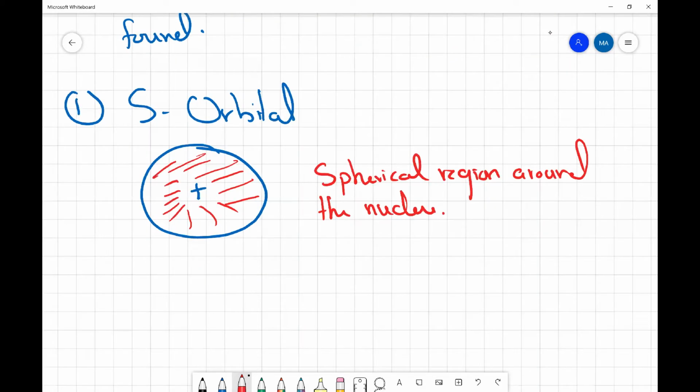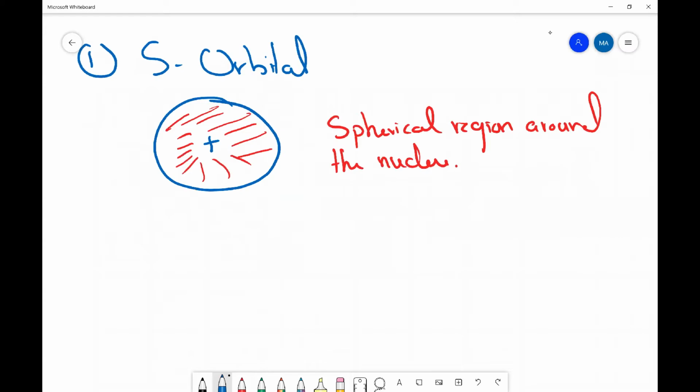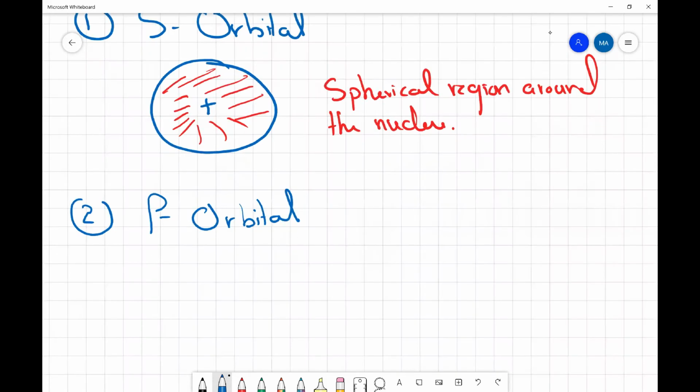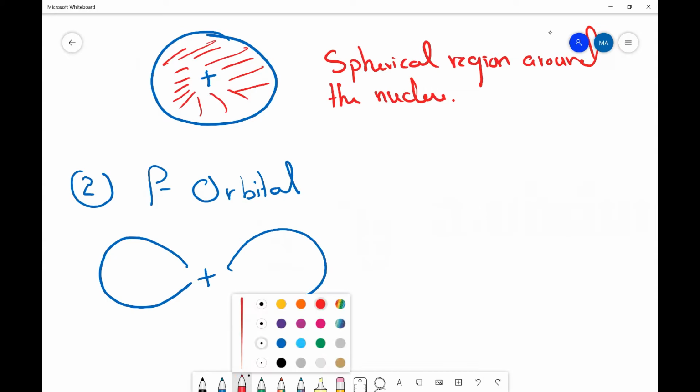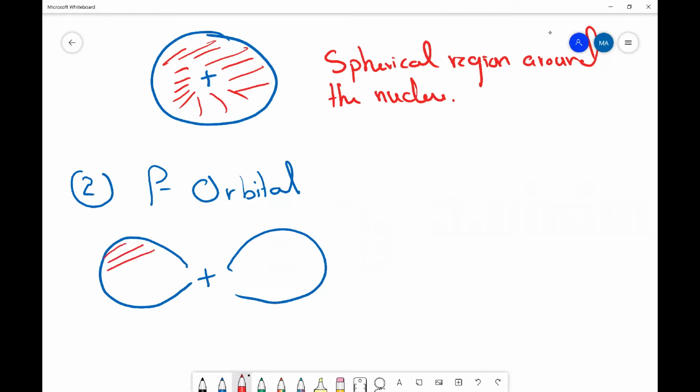Similarly, the second type of orbital is a p orbital. A p orbital is not a sphere. It has these two oval shaped regions around the nucleus. So imagine this is a positive nucleus, and it has these two oval shaped regions on the sides where the electron could be found.